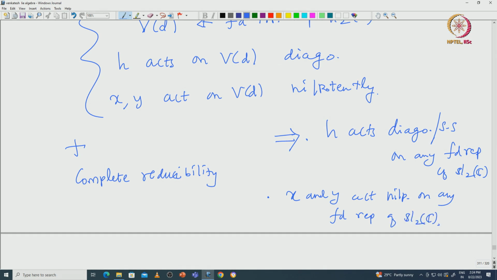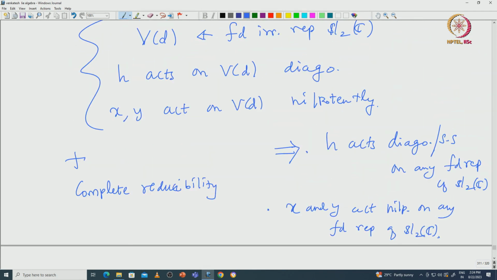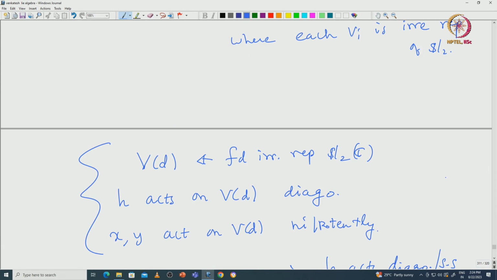This is somewhat a hint as to how to go about proving complete reducibility.